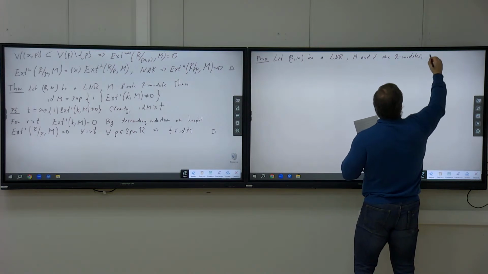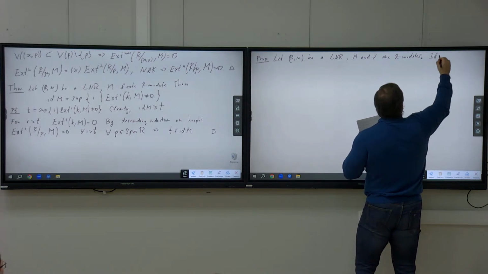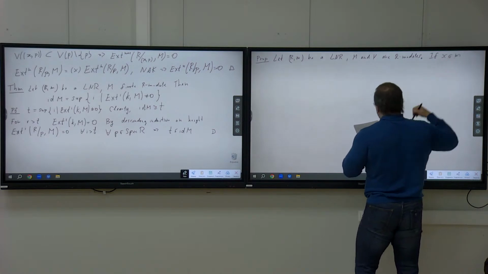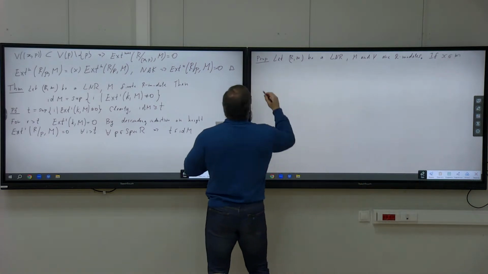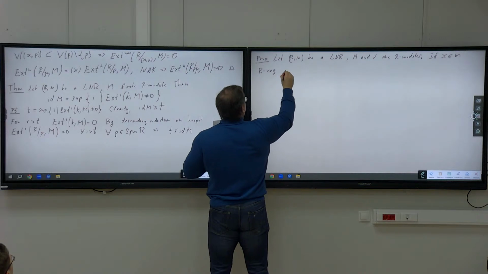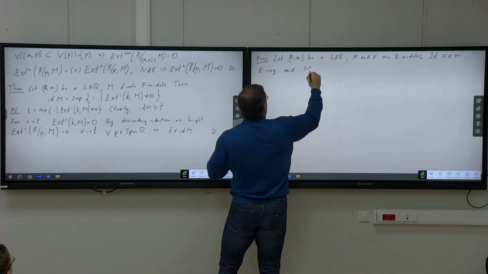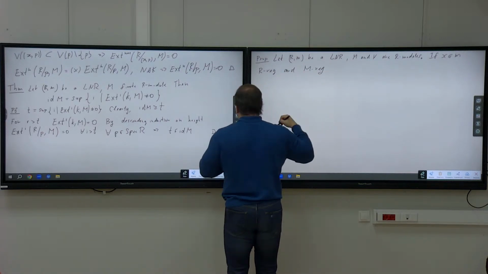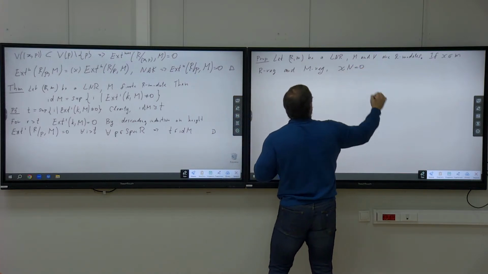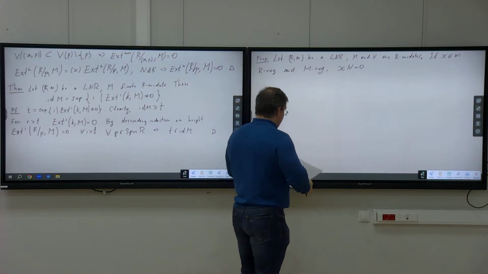So if we take x in the maximal ideal of R, x regular on R and also on M, and additionally xN is 0, so on module N x is acting as 0.